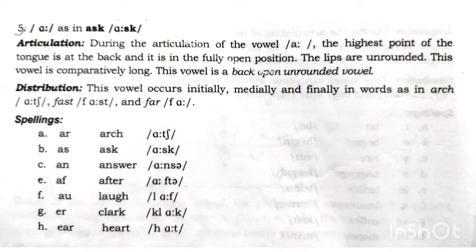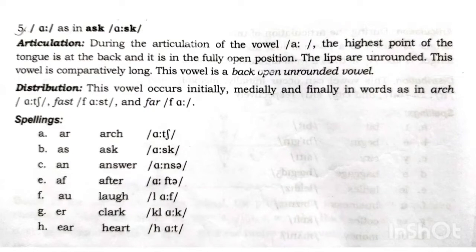Coming to distribution, this vowel occurs initially, medially, in the middle, and finally at the end in words such as arch. Sorry, it is arch. The R is silent. I made a mistake there. As Malayalis, we don't always pronounce perfectly.